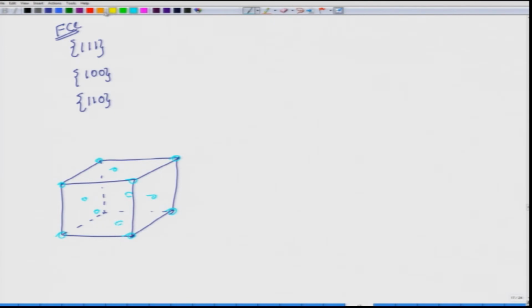So, let me draw the 111 plane. So, this is one of the 111 planes. Similarly, you will have another 111 plane over here.